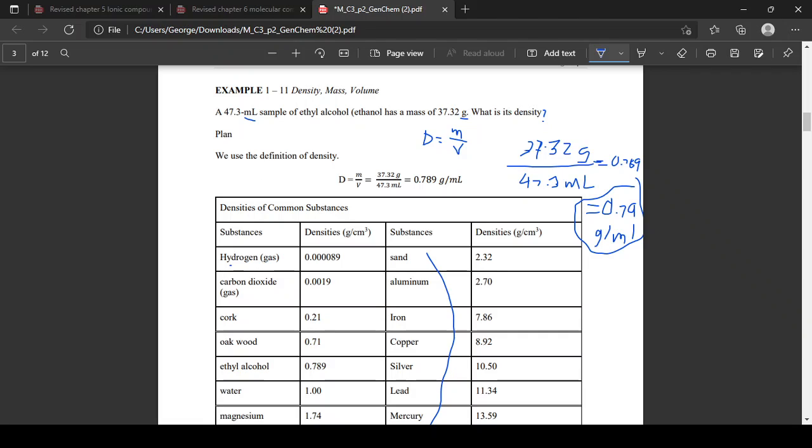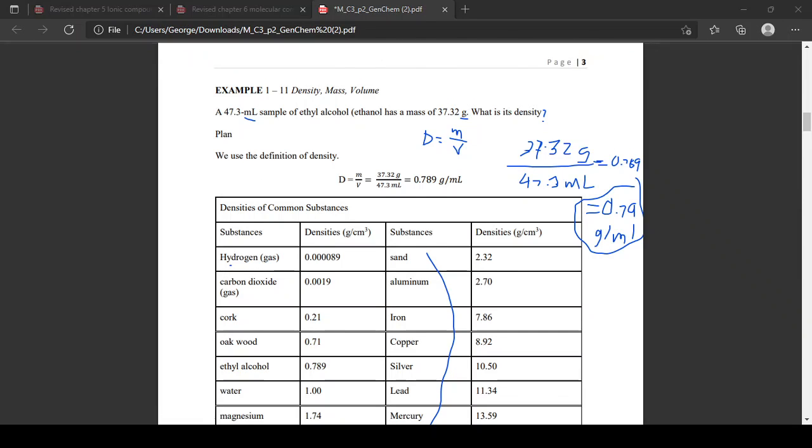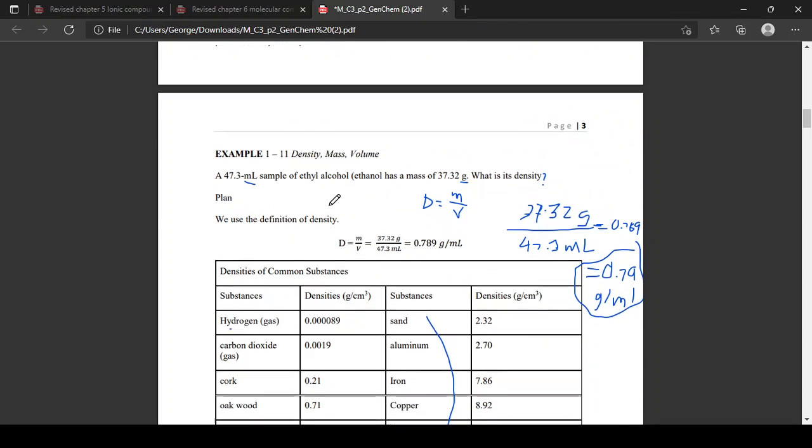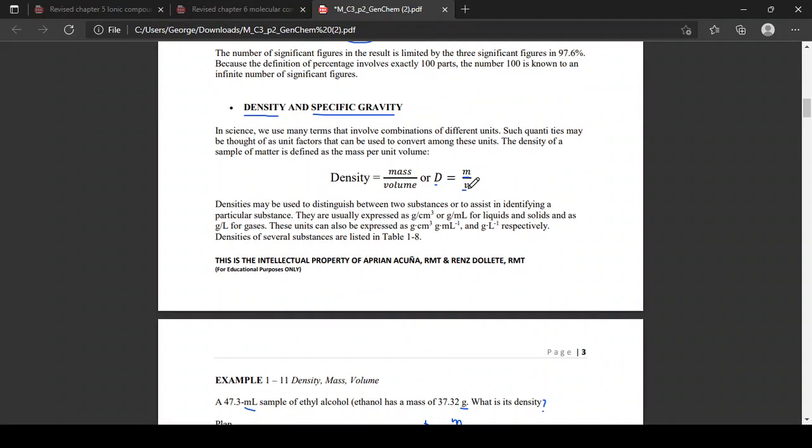And that is when we are dealing with densities. And next, now that you know that your density formula is mass over volume, how about we find the mass or the volume, using the given density or volume?